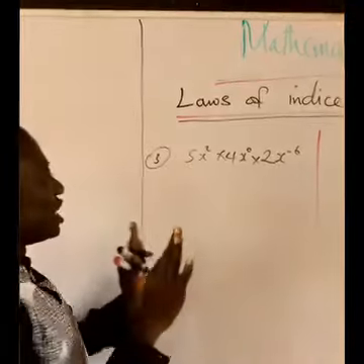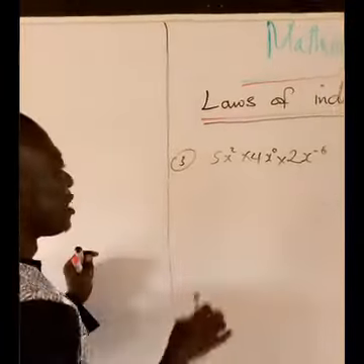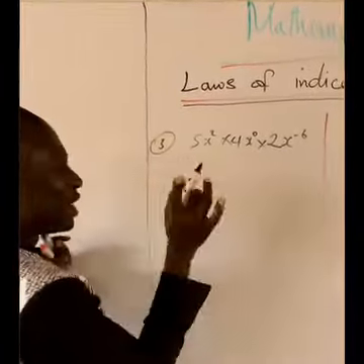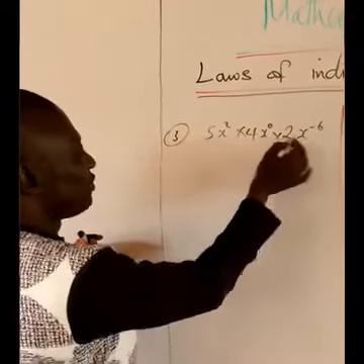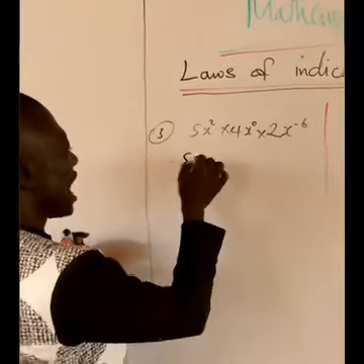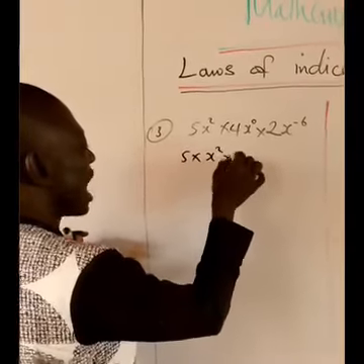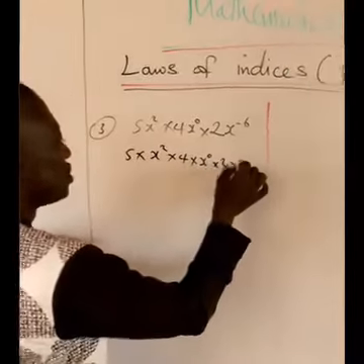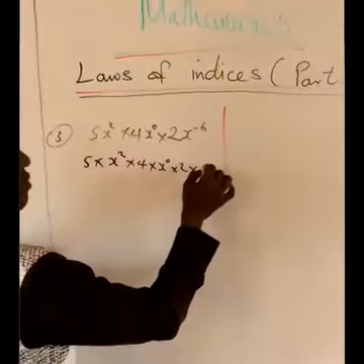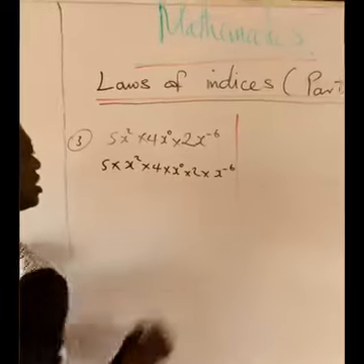Alright, so it's very good for us now to separate them, since we cannot have the same base for the numbers. We write 5 times x raised to the power 2 times 4 times x to the power 0 times 2 times x to the power minus 6.